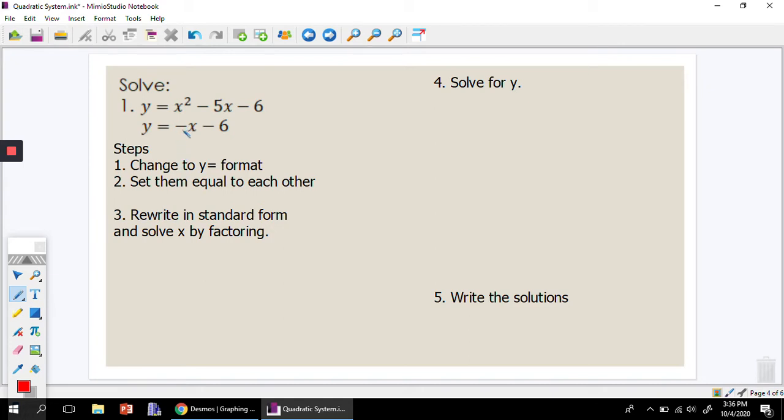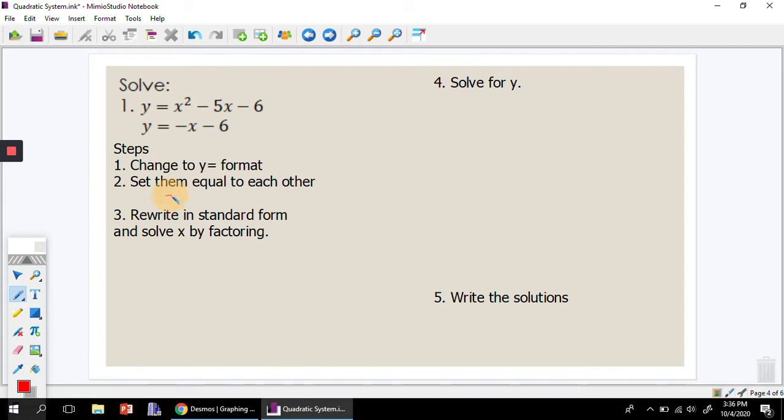Since we are looking for the values of x and y that will make them equal, these two equations are equal, so I will write them equal to each other. I usually write the quadratic equation on the left side and the linear equation on the right side.